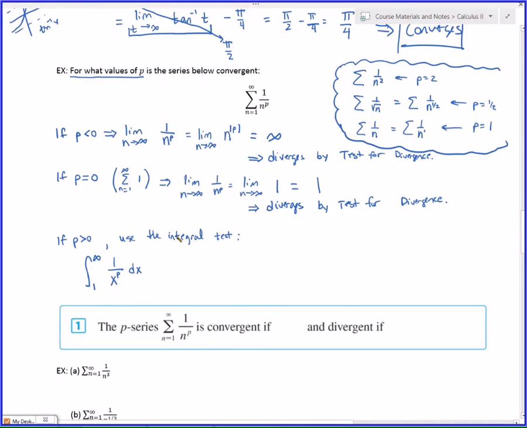All right. Now this is actually the same thing as the integral from 1 to infinity of x to the minus p dx, which is then the limit as t goes to infinity. I'm just rewriting as a limit like we did before. 1 to t, x to the minus p dx.